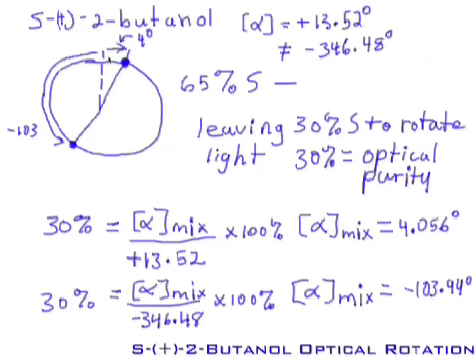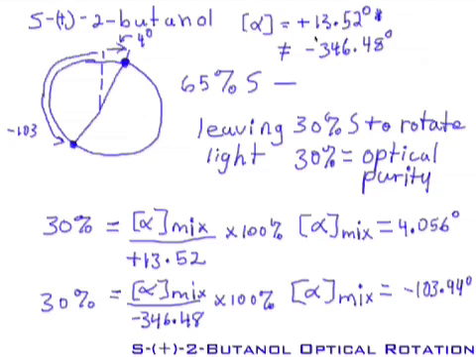If the observed rotation of the mixture was 4 degrees, you know it is plus 13.52. If the specific rotation of the mixture you observe is minus 103, then you'd know it's minus 346 to the left. Okay. So, using a mixture can be used to help discern which rotation is correct.